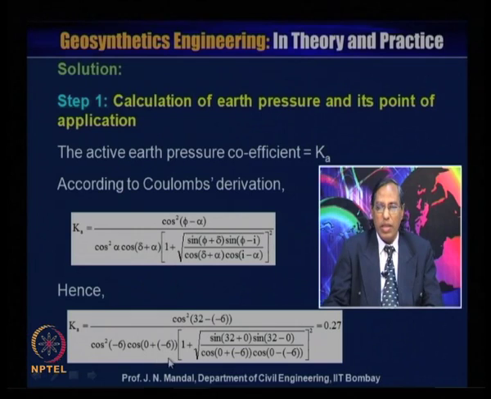So, cos of 0 plus minus 6, into 1 plus sin phi, value 32, delta value 0, and sin phi again 32, I also is 0. This divided by cos delta, delta value is 0, alpha value is minus 6, into cos of I minus alpha, I is 0, so 0 minus 6. So this will give the active earth pressure coefficient K is equal to 0.27.